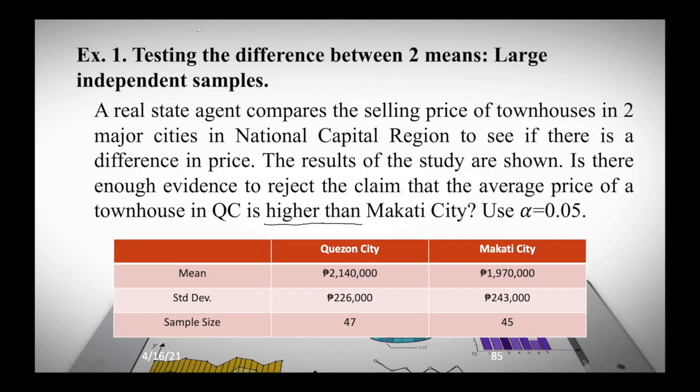So, let's start writing our hypotheses. For our null hypothesis, H sub 0, this is mu sub 1. By the way, let's have our labeling here: Quezon City will be mu sub 1, and Makati City will be our mu sub 2. For the null hypothesis, we have here mu sub 1 and mu sub 2. Now, what will be the sign?